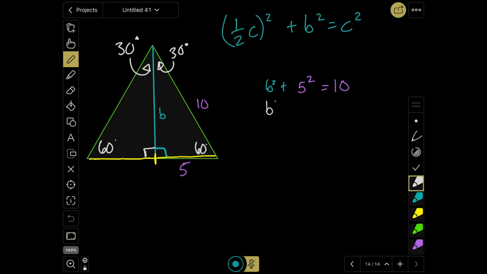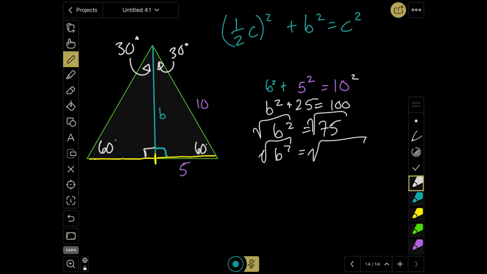So 25 plus B squared is equal to 100, because that's 10 squared. So B squared is equal to 75. Square root both sides. This would be the square root of, oh, perfect squares in there, 25 times 3.